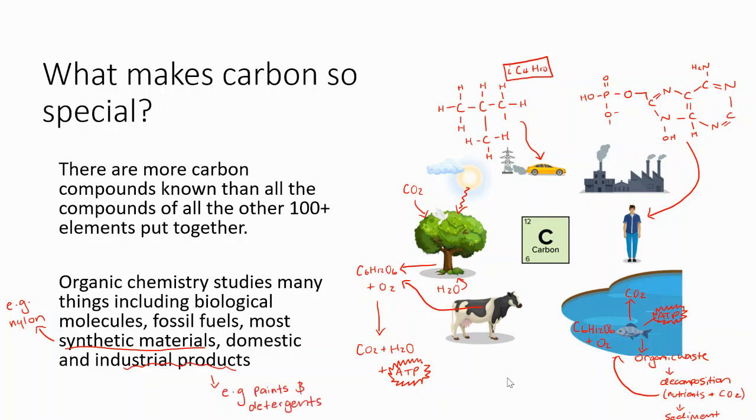Synthetic materials such as nylon are organic materials, as are most domestic and industrial products like paints and detergents. What I'm trying to explain here is that carbon is in a lot of different processes. So organic chemistry is quite a large topic that is involved in a lot of different branches of chemistry.